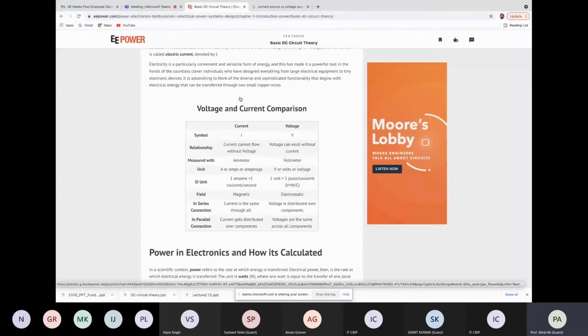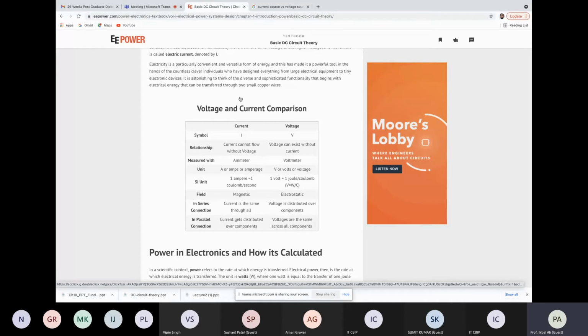And if you consider any two nodes in a given circuit, and across those two nodes, the basic structure of connection will appear. It will be either series or parallel.